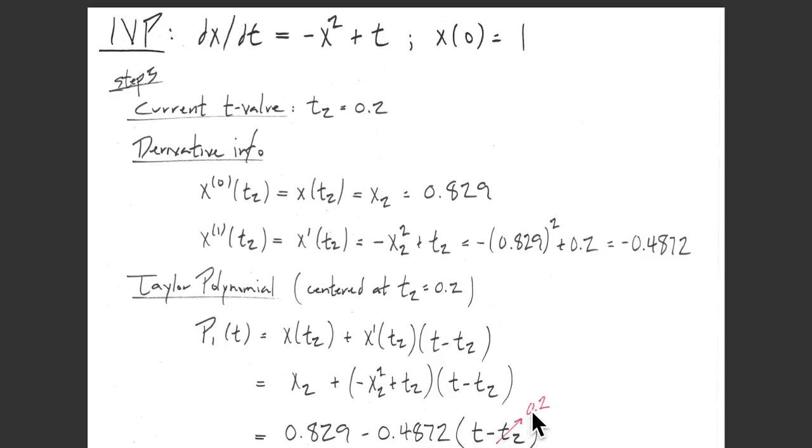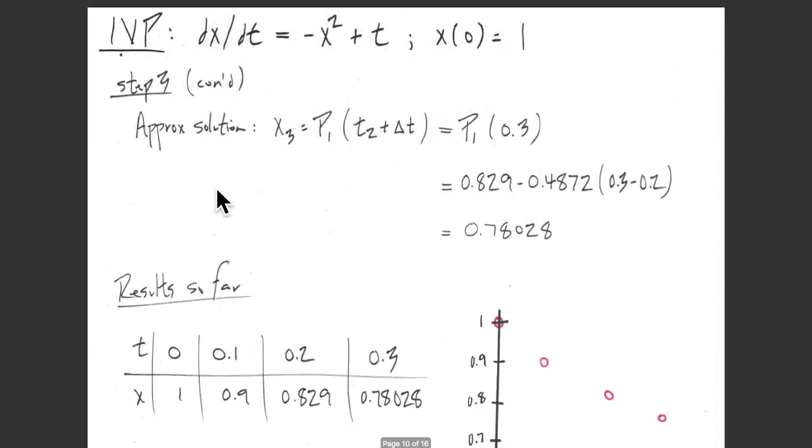And what I do to get my solution for the third step is take one step forward from t2. That is, I'm going to have t2, 0.2, plus my step size, which you remember is 0.1. So I'm going to plug in 0.3 here to p1 to get my next solution value. You see that happening over here. T2 plus delta t, so that's our 0.2 plus 0.1, so that's our 0.3.